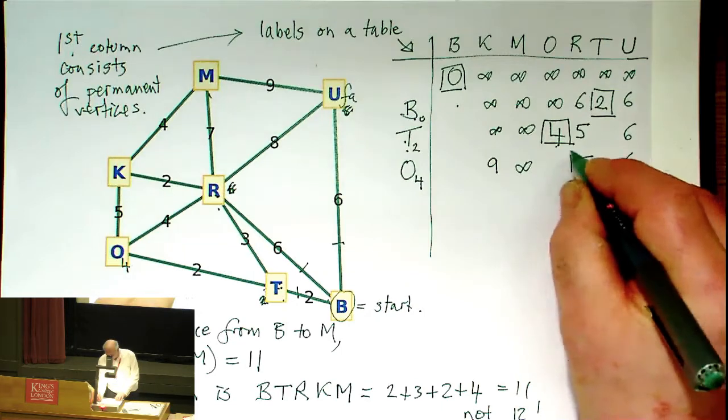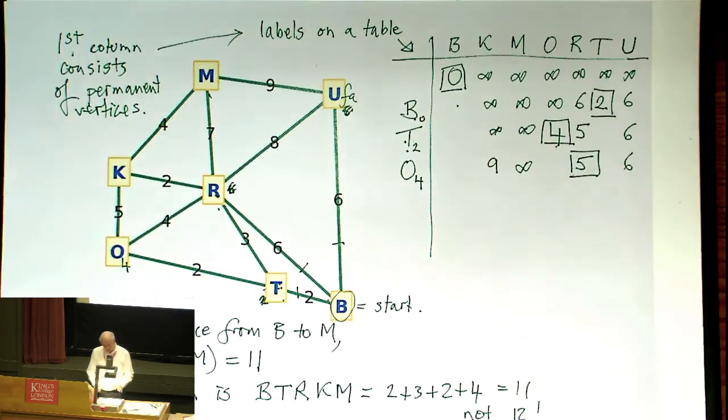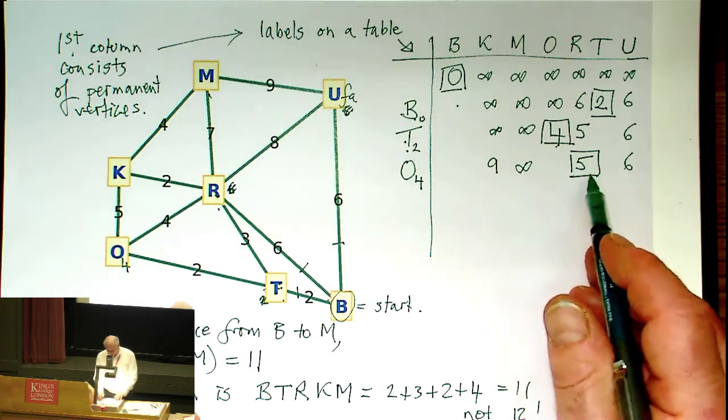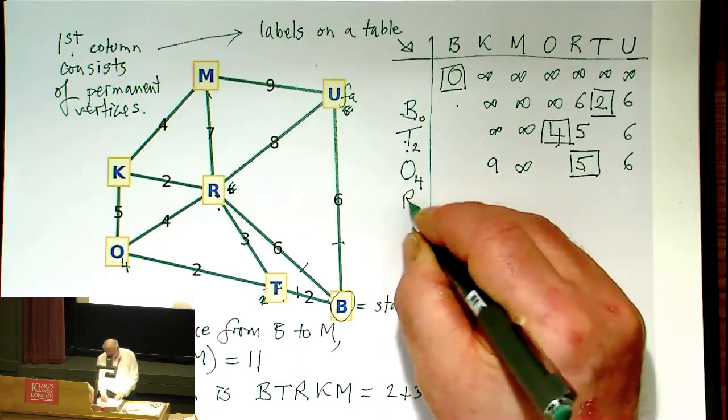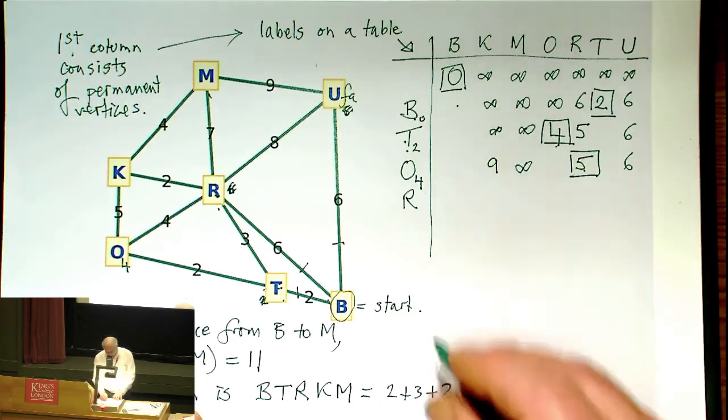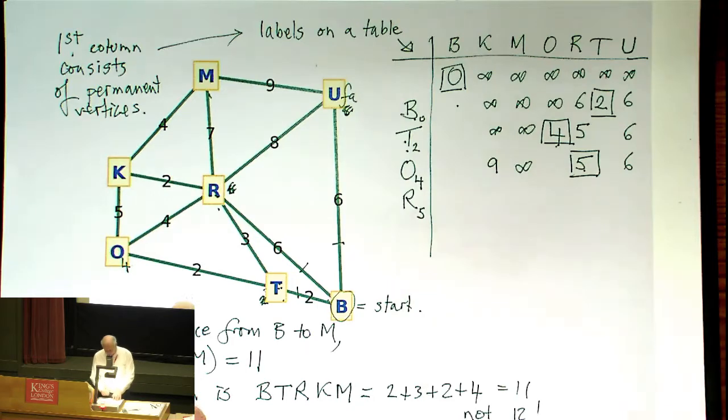So R, the theory, which I'm not going to do today, tells you that the shortest distance from B to R is given by this 5. So R comes on the first column. It's confirmed that the shortest distance from B is 5.